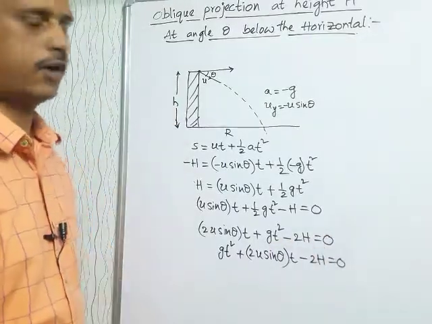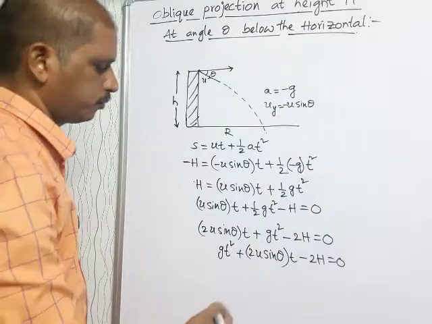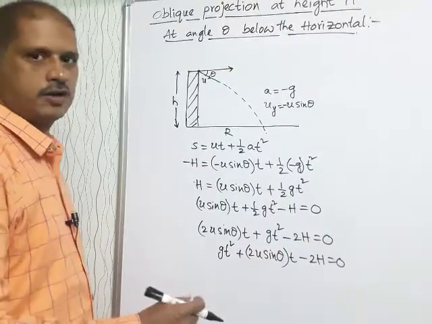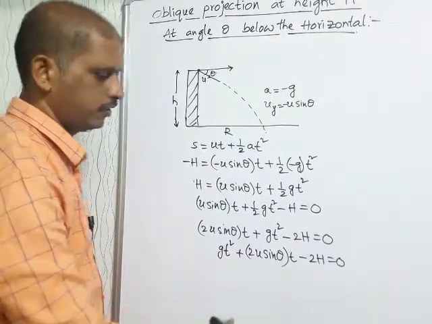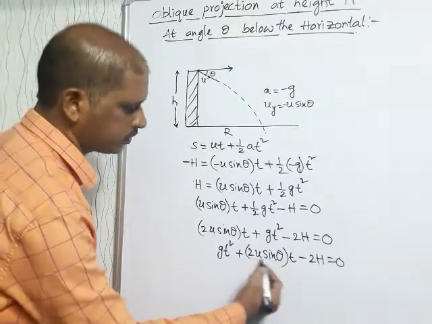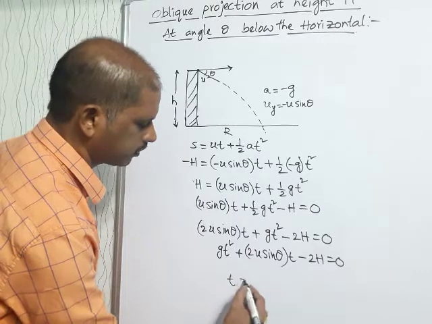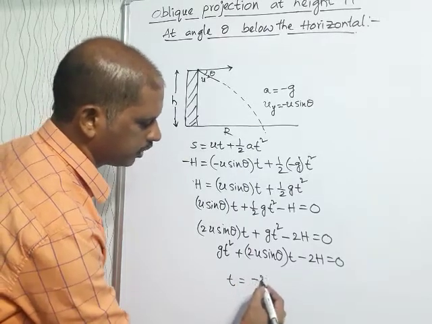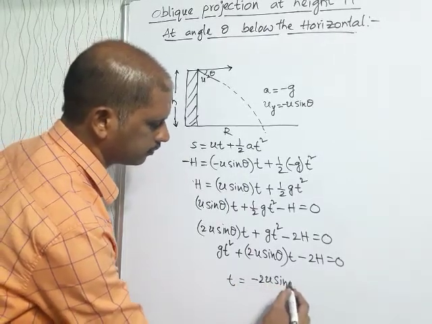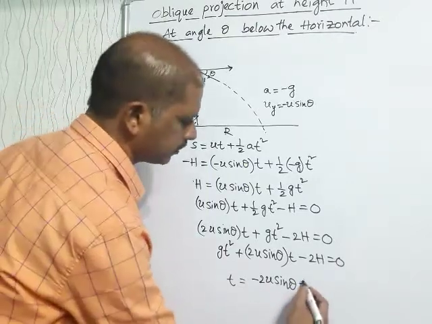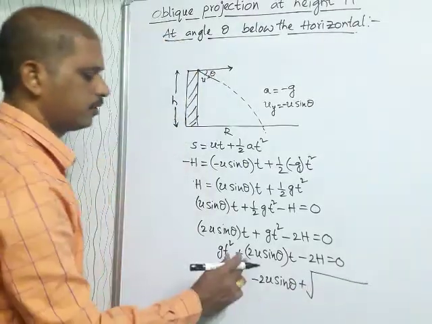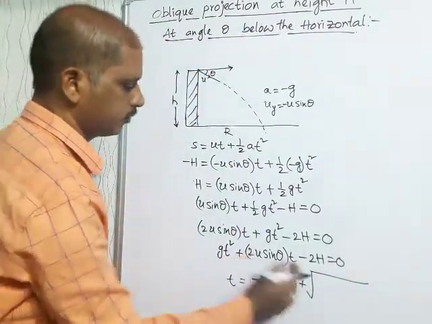So we have to find out the roots. So minus b plus or minus square root of b square minus 4ac by 2a we have to take. Minus b means in place of b, 2u sine theta is there. So t is equal to minus b, minus 2u sine theta, plus square root of b square minus 4ac. b is this only.